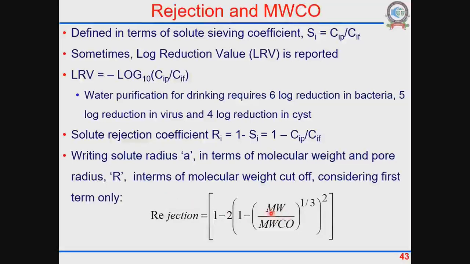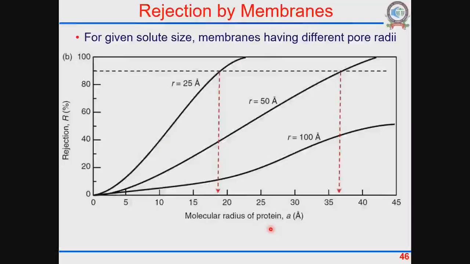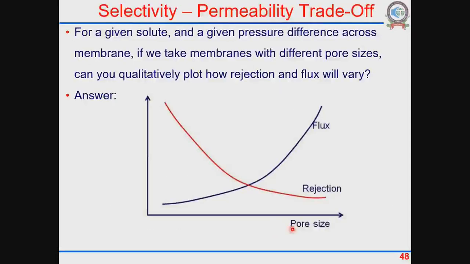Or from here, if I take a molecule of a particular molecular weight and take higher and higher molecular weight cutoff membranes, pore size increasing means higher and higher molecular weight cutoff. So whether in terms of pore size or different membranes having different molecular weight cutoff, if you increase the molecular weight cutoff, then the rejection would fall. It will allow molecules to go through.